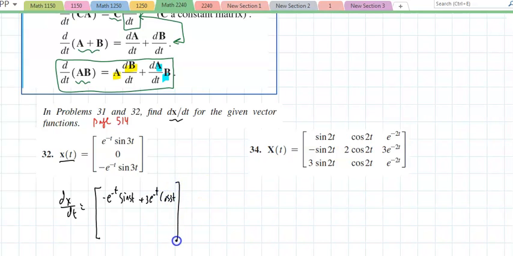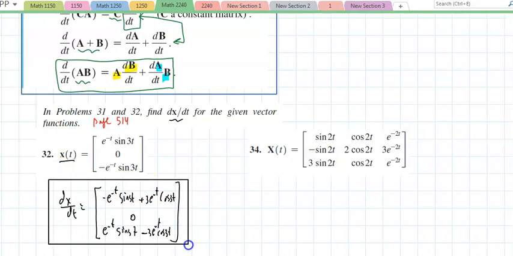Derivative of the first times the second, plus the first times derivative of the second. So same as the product rule as we did back in the day. And there it is, done. That would be my answer, and that's the end of it. Basically the product rule.